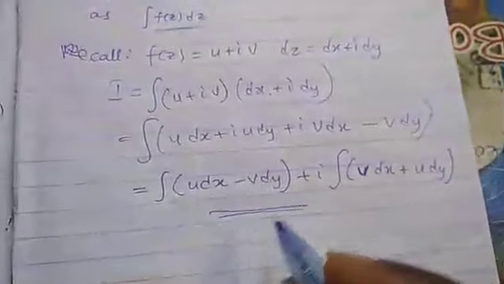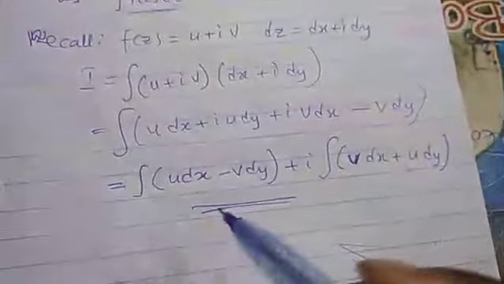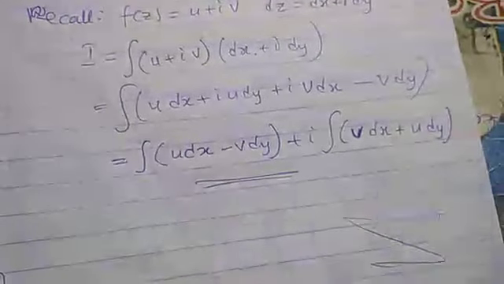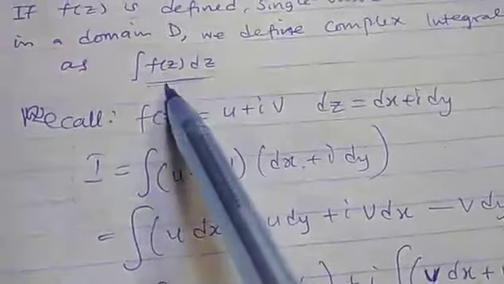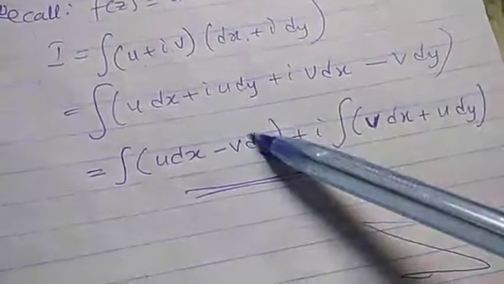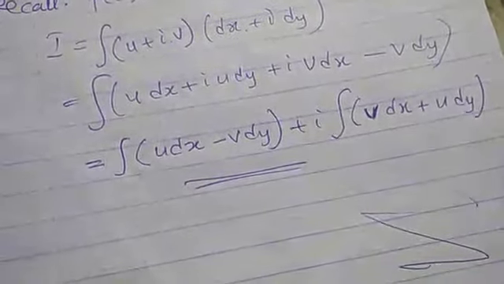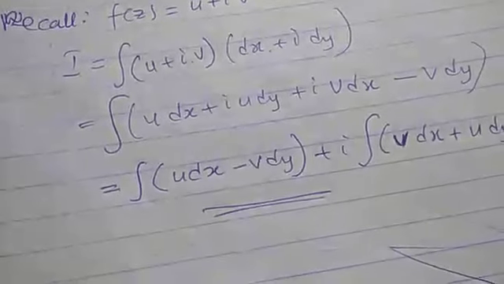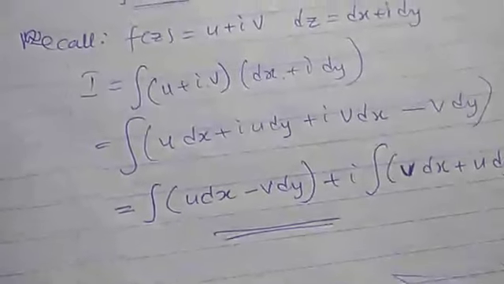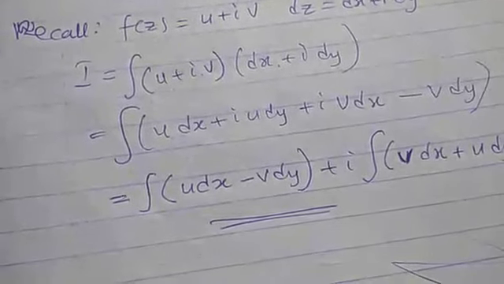So this is the expansion of the complex integral, and it is used in what we call contour integral. I've shown here that the complex integral can also be expressed in terms of real part and imaginary part, which will help us when we are dealing with complex integral.